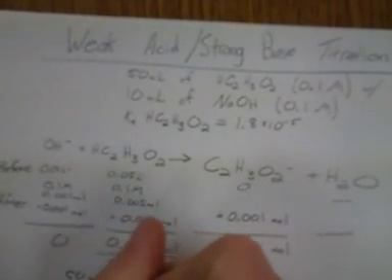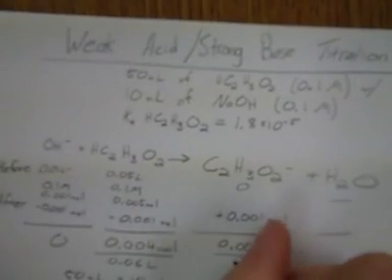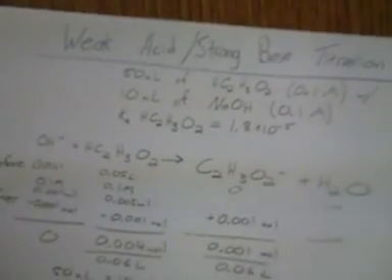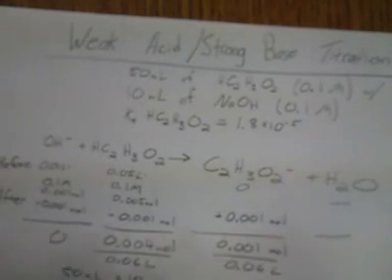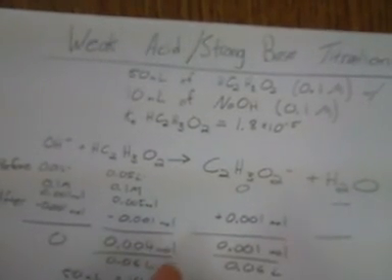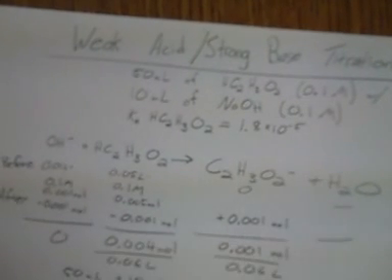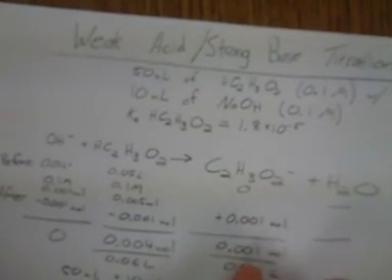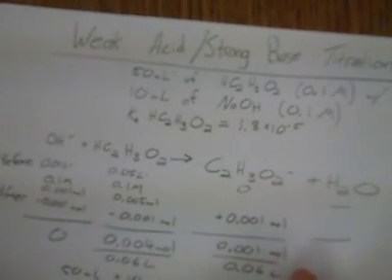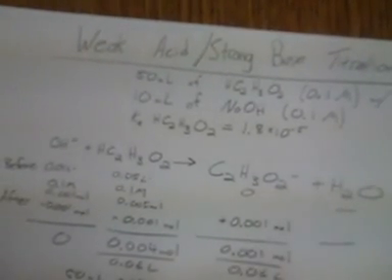So divide both these by 0.06 liters. And for acetic acid, you get 0.066 molar. And for acetate, you get 0.0166 molar.